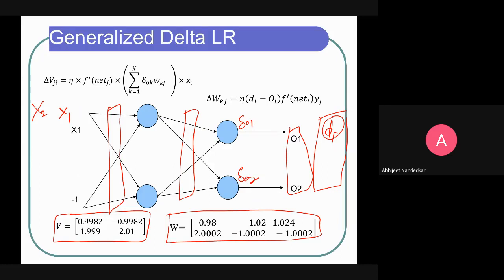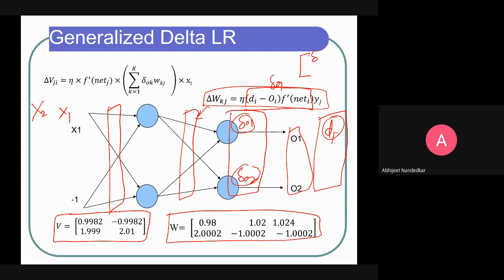This calculation will tell me how to update weights here. So this is nothing but the delta signal. This is delta O1 for this particular neuron, and this will be delta O2 used for the second neuron. Combining these two numbers gives you the delta O vector. It's very simple, just a collection of these two numbers.